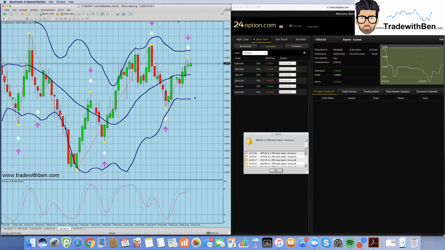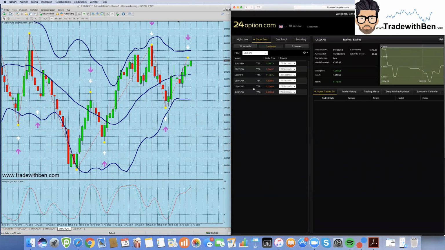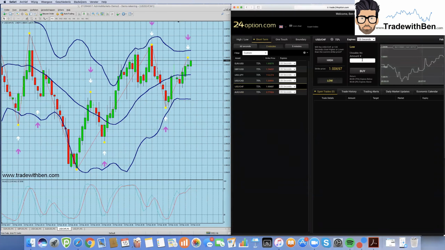This is going to be a perfect setup. USD Swiss franc low. I'm gonna prepare the trade actually. Let's just wait for the reversal.